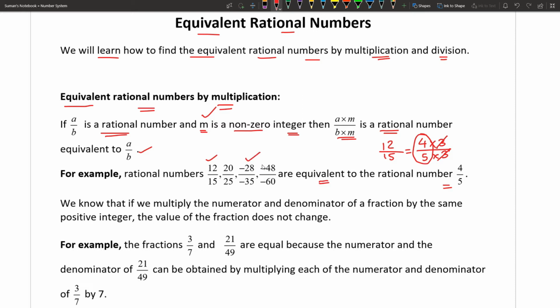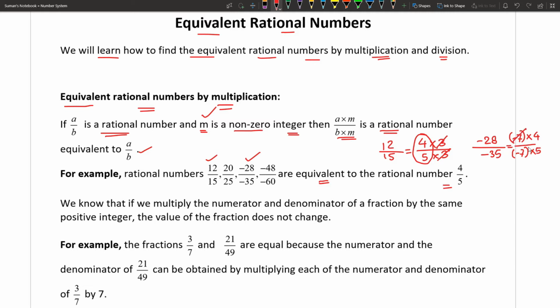Suppose the third one, minus 28 upon minus 35. Let's check once again. That can be written as minus 7 into 4, and minus 35 can be written as minus 7 into 5.